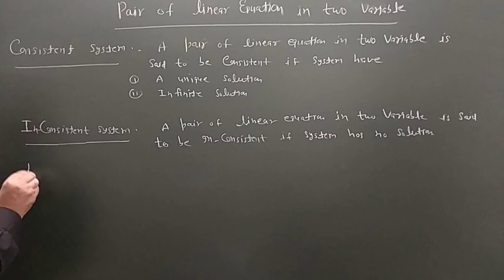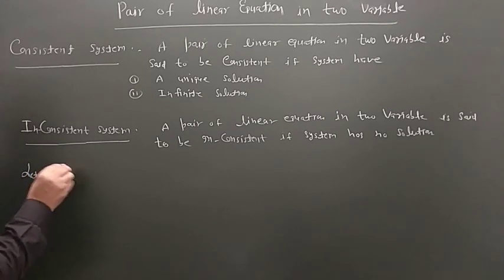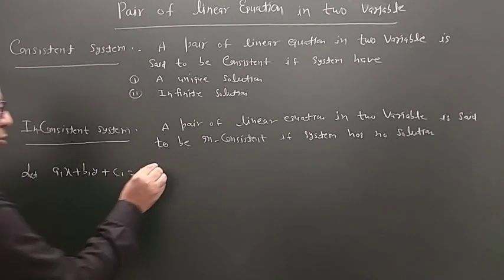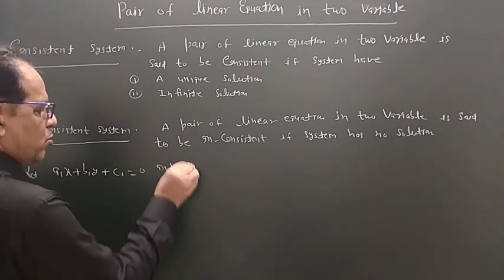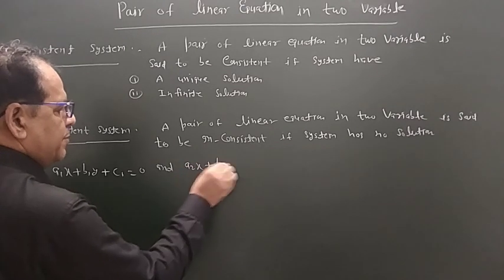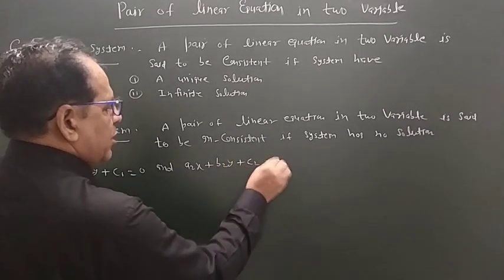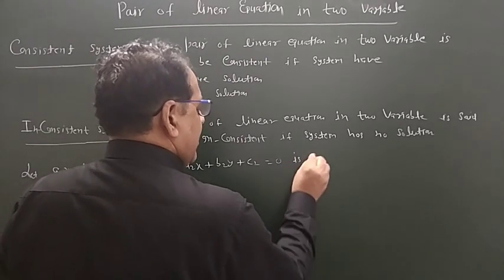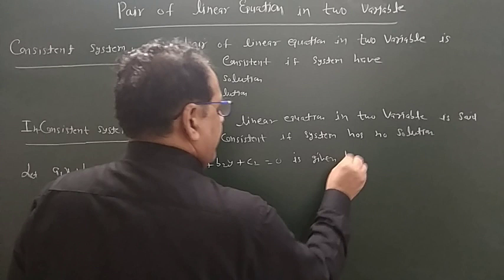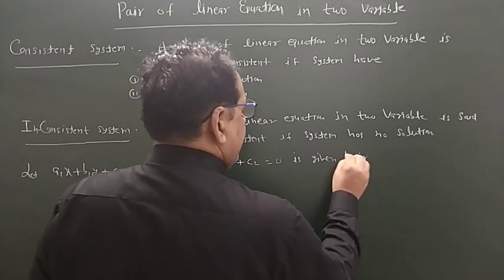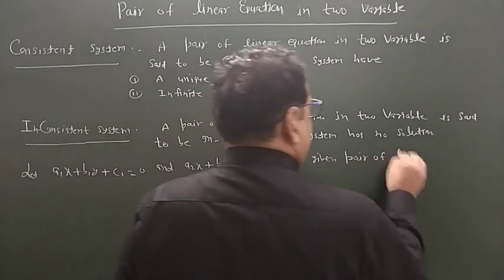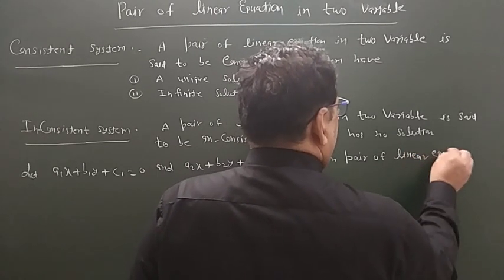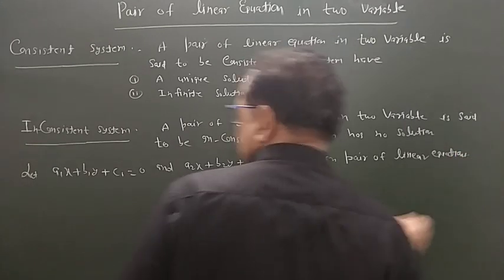Let a1x plus b1y plus c1 equal to 0 and a2x plus b2y plus c2 equal to 0 be a given pair of linear equations.